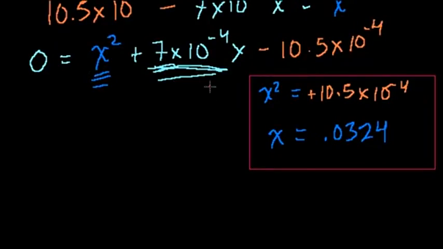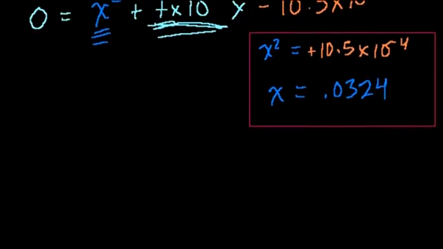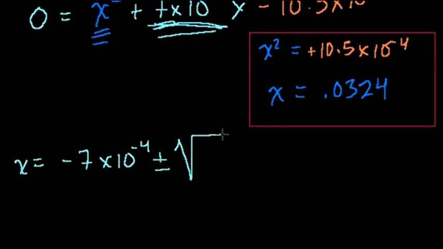Now let's solve it, just to confirm in our heads that we get the right answer, because that's actually the right way to get the right answer. So quadratic equation, minus b. So x is equal to minus b, so minus 7 times 10 to the minus 4, plus or minus the square root of b squared.